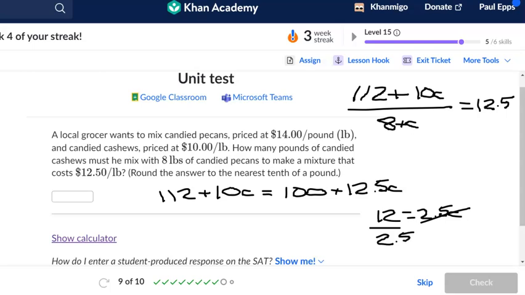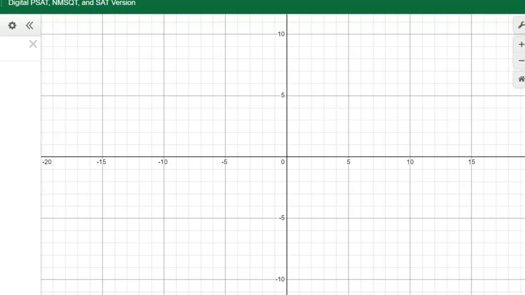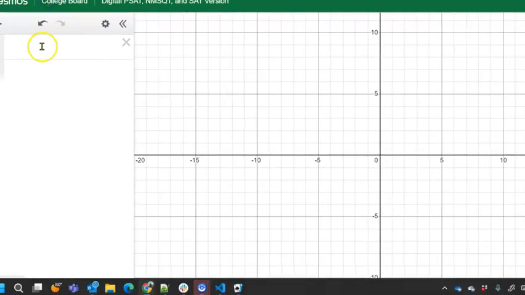All right, 12 divided by 2.5. I think it's like 4.8.